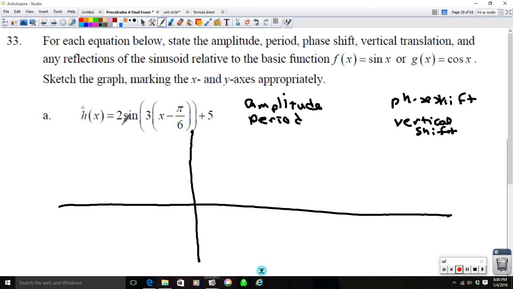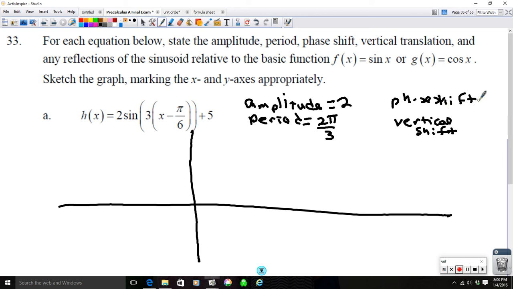So looking at this problem here, if A is equal to 2, that means that the amplitude is going to be equal to 2. So that's the absolute value of A. If B is equal to 3, then our period is going to be equal to 2 pi over 3. Our phase shift is related to this number here. It's x minus pi over 6.